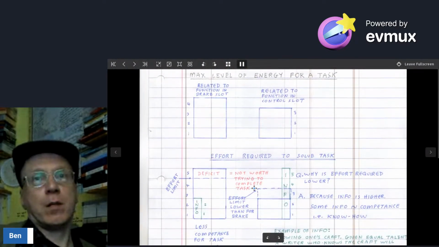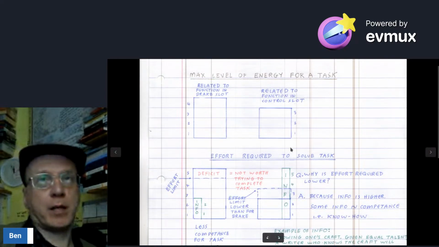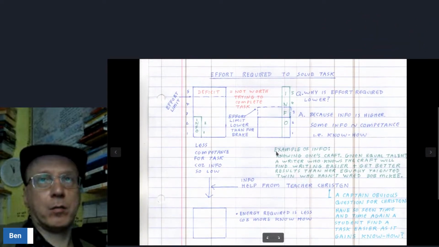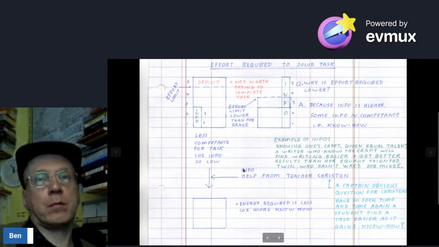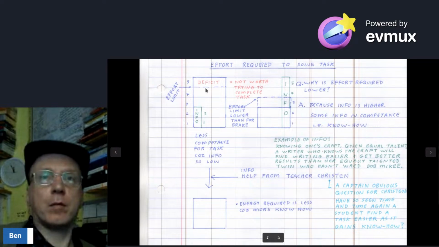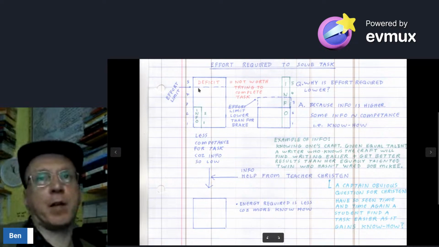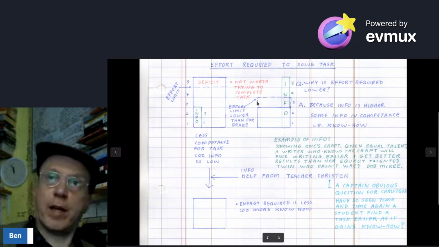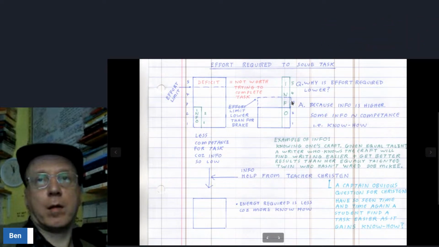So if we say it has less energy, so the effort required to solve a task. Right, so effort limit. Say you have for a particular task an effort limit of 5. I have an effort limit of 4 there, so the effort limit is lower.